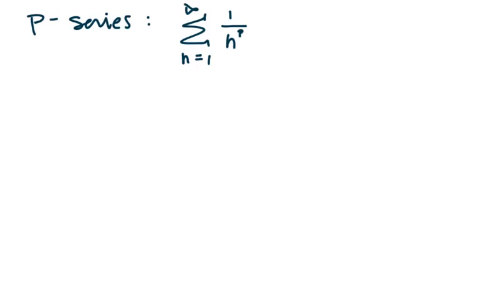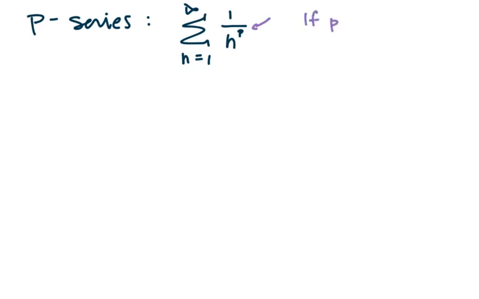So let's talk about the p-series. We did an example in the last video that the harmonic series, 1 over n, is a divergent p-series. So a p-series is when we take the sum from 1 to infinity of 1 over n raised to some p-value. And p can be any number.